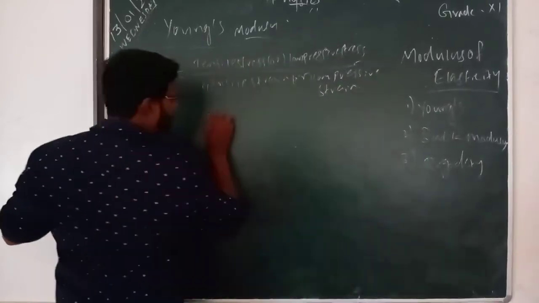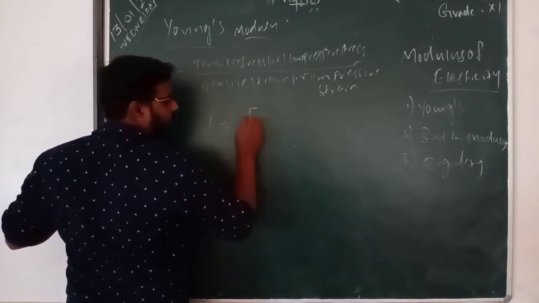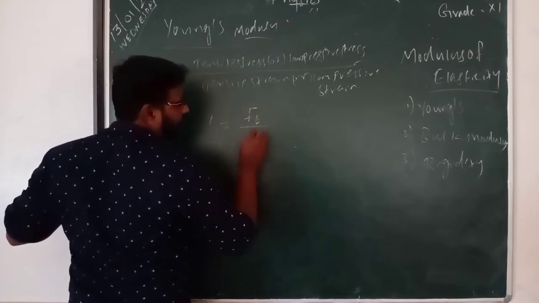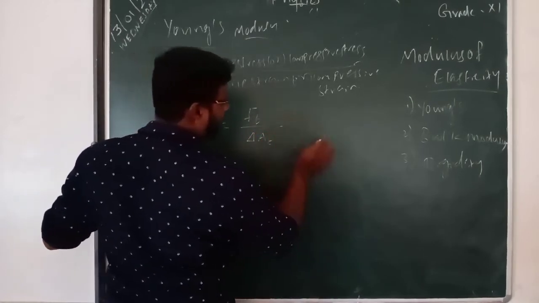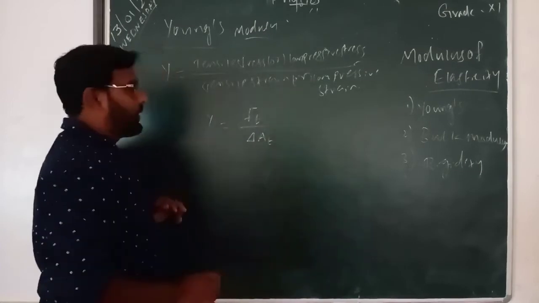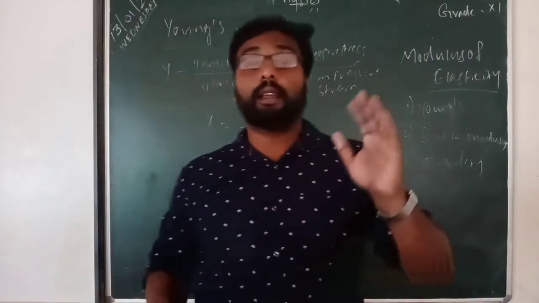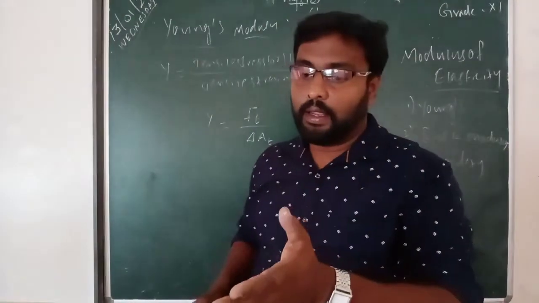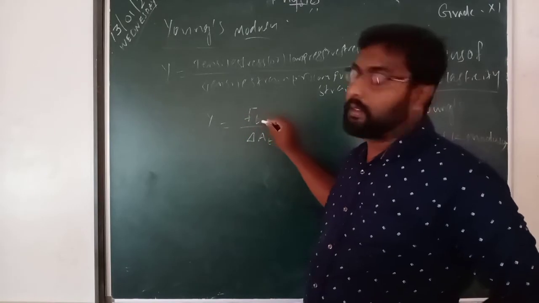So F T by delta A T is the stress, and you know this thing. This is the Young's modulus.